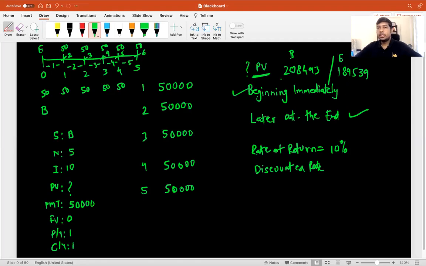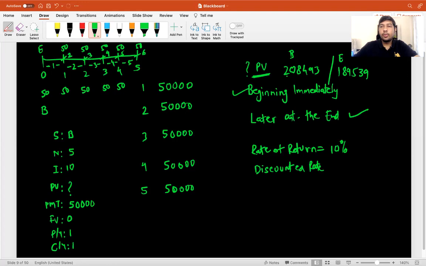Logically, you see that the numbers with begin and end are different. The number that you get with end is definitely lesser than what you get with beginning. The reason for this is, if you put 2,08,493 immediately, and then you're withdrawing 50,000 immediately, you're not letting that compounding work.